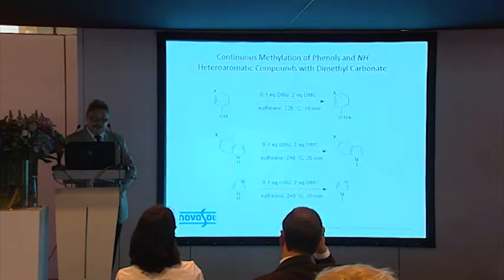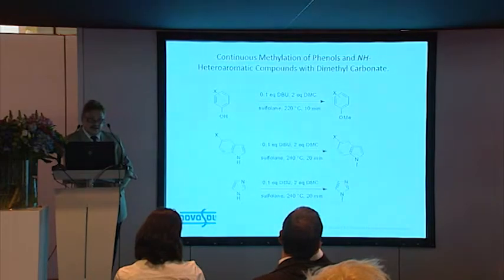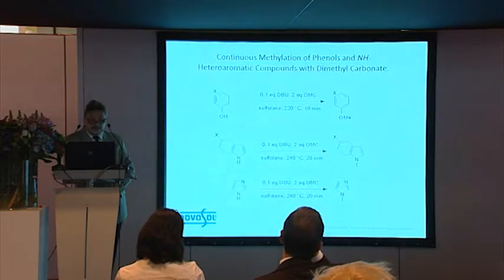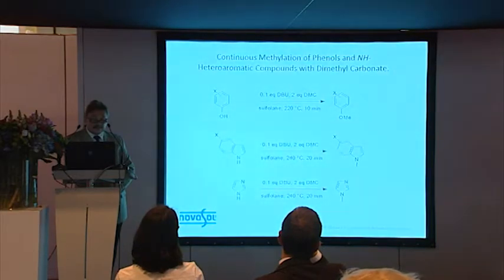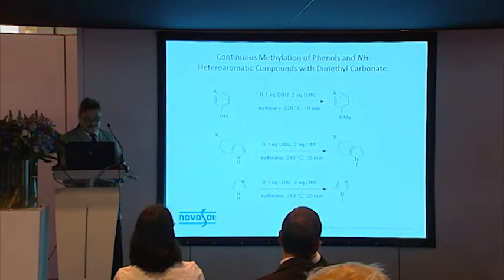We have also developed a continuous methylation of phenols and NH heteroaromatic compounds with dimethyl carbonate. And all of these reactions were also done in sulfolane. And the reaction here is much cleaner than when you use another solvent like DMAc, which has been reported in the literature, or when you use DMF as solvent.